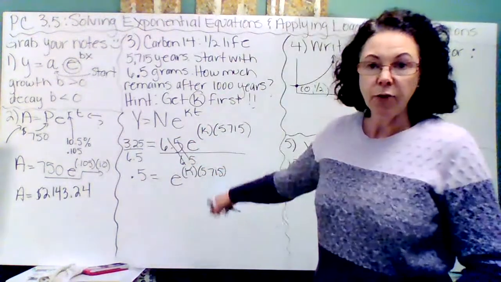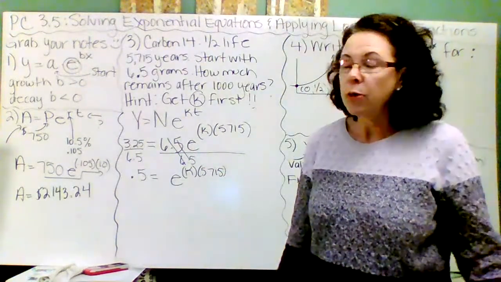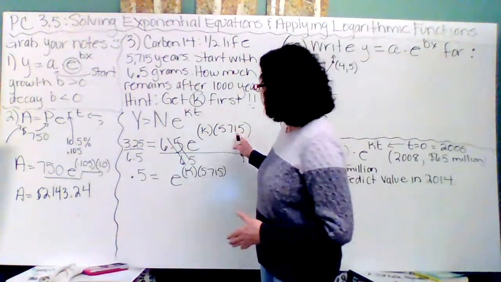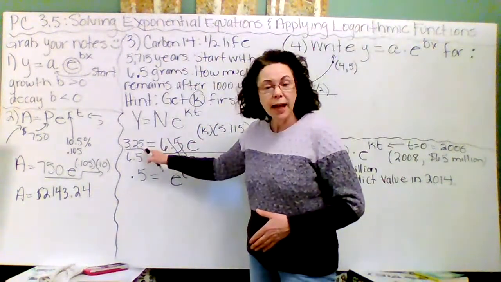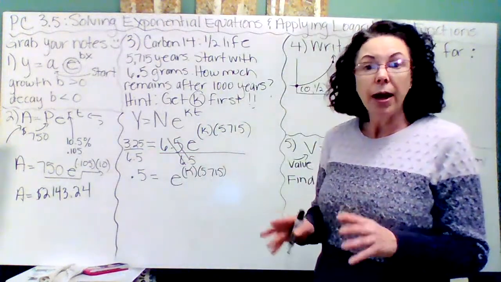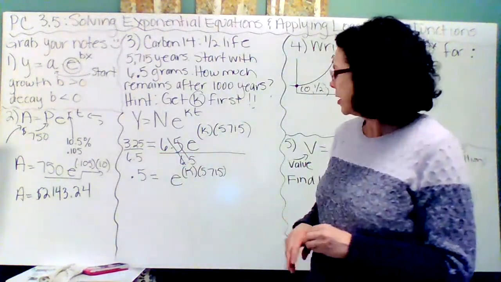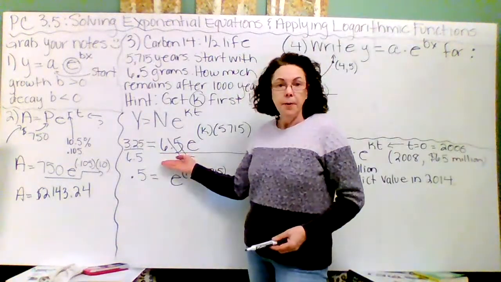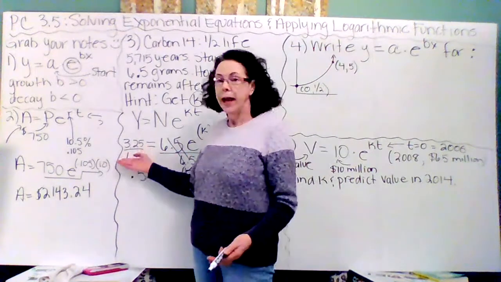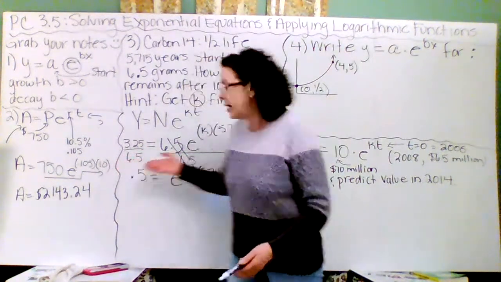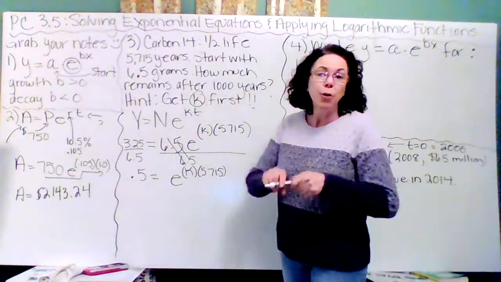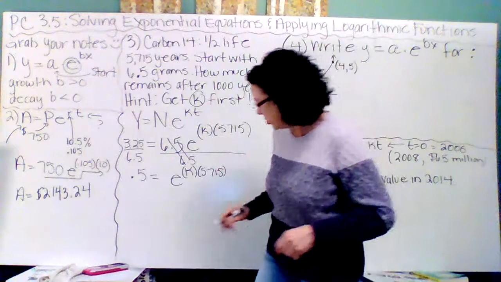Whether it's 6.5 grams, 1,000 pounds, or 2.628 ounces, after the half-life years goes by, I'm always going to have half left. So if they give you half-life and they want K and no starting amount, you just put a 1 here for the starting amount. No matter what, you have one mass. And here you put a half, because no matter what, you have half of it left with these many years. Okay, that's an important point to make. Put it at the top of your homework too.